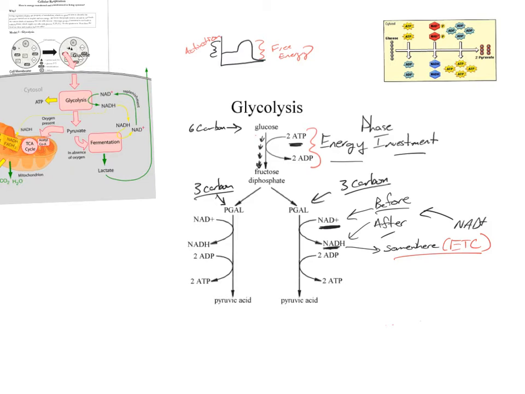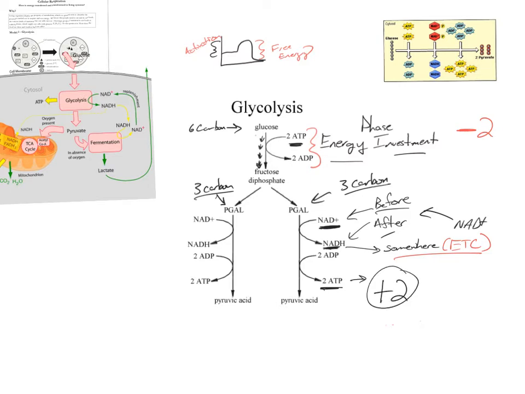What gets you less energy, but is somewhat important, is getting these 2 ATPs out. This becomes extra important in fermentation, but you do get 2 ATPs coming out, and these 2 ATPs are important. It's very little compared to what you're going to get later. Now up here you lost 2, so I'm going to put -2 up here, and down here you have a +2. Now +2 what?